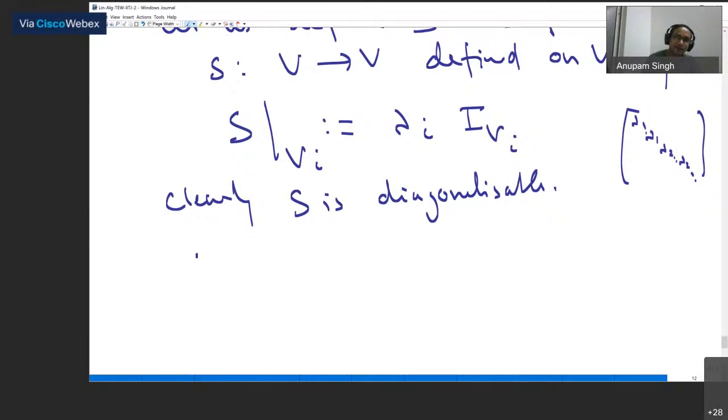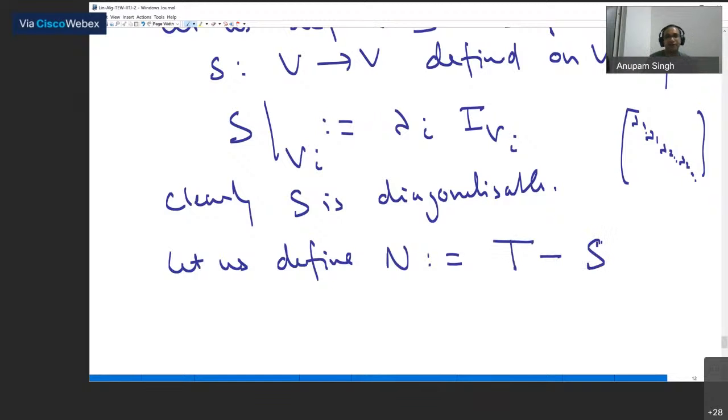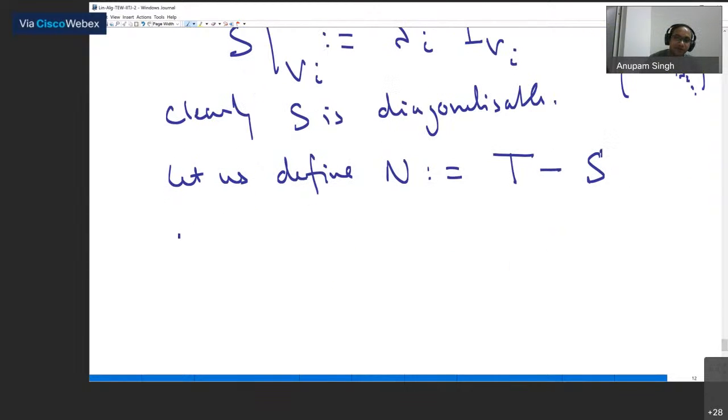And now I have to define N. I have the transformation T, and I have defined S. I am expecting T to be N plus S, so I will define N to be T minus S. But then we have to prove that N is nilpotent.